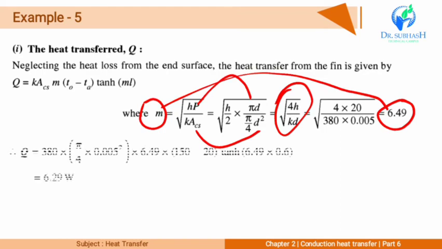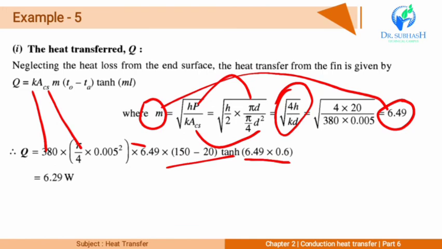So now Q is equal to K, which is 380, times the cross sectional area, which is pi by 4 D square, times M, which is 6.49, times the temperature difference 150 minus 20, and tan hyperbolic M into L is equal to 6.49 multiplied by 0.6. So the heat transfer is equal to 6.29 watt.